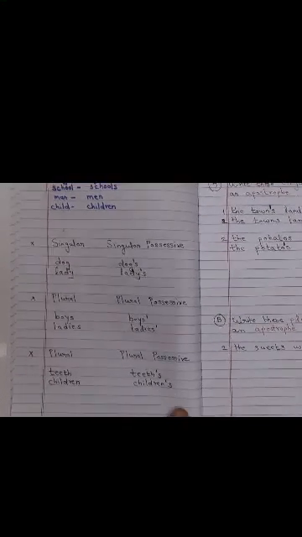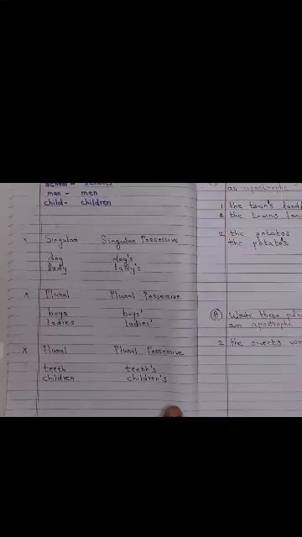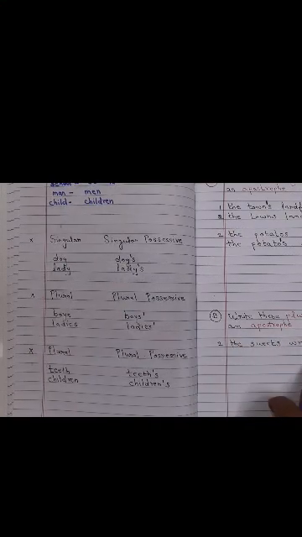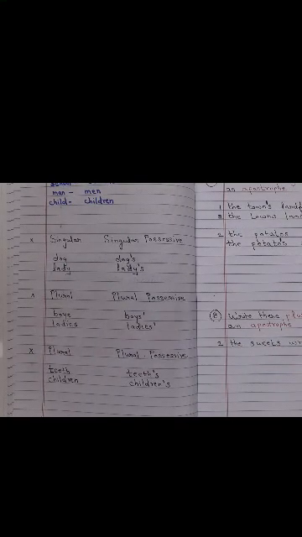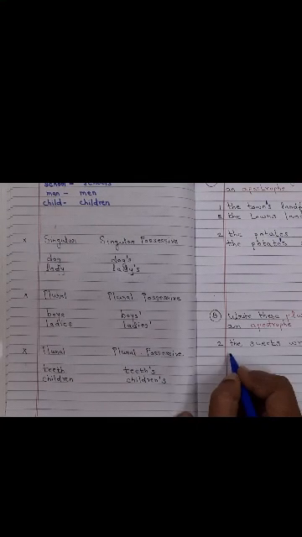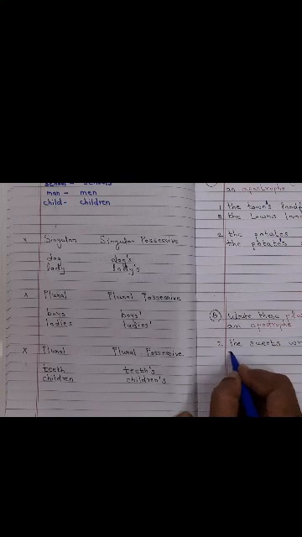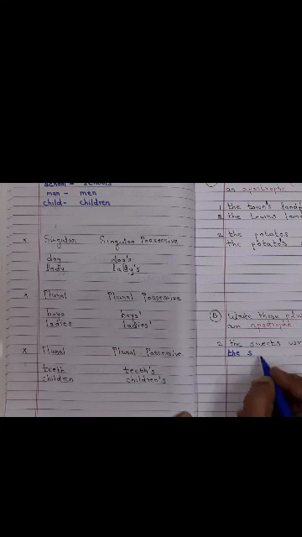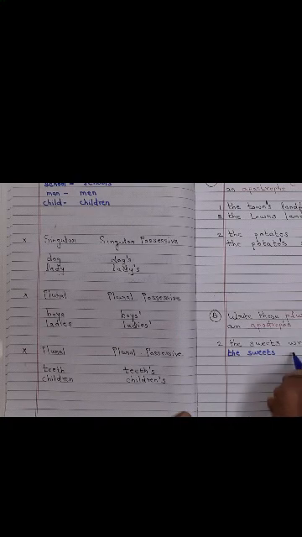Okay, now children, the second question is, write these plural owners with an apostrophe. The sweets wrapper. So what will it be? Children, see plural. So I will write this as the, what will it be? Sweets wrappers.